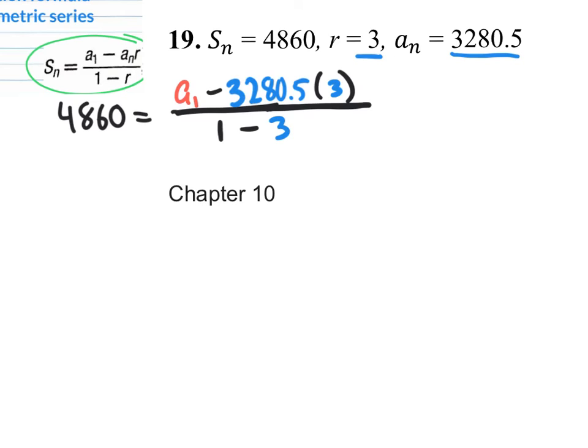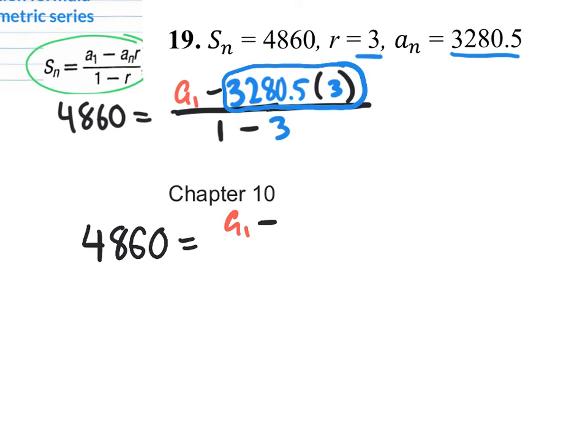So with the calculator, let's rewrite what we have so far. 4,860 equals, we don't know a sub 1. We do have minus, but I am going to multiply the 3,280.5 times 3. That would give us 9,841.5.